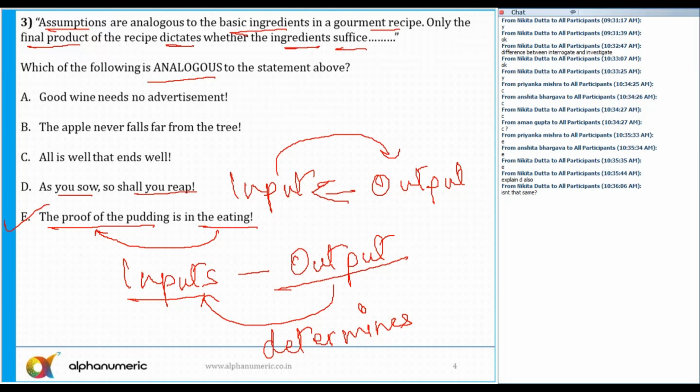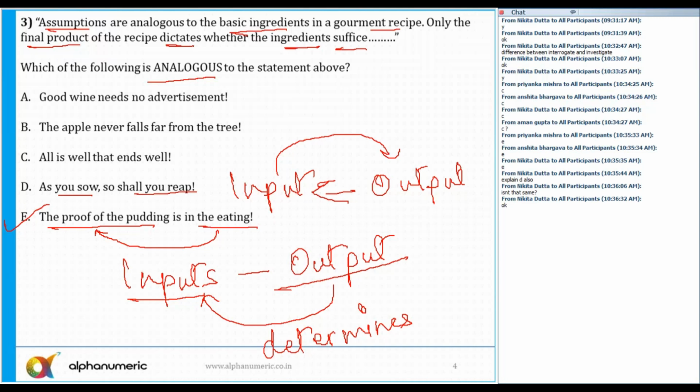But in the passage he told us that it is the output which decides whether the inputs were good or not good. So output is more important. The deciding factor is the output, whereas in number D the deciding factor is the input. That is the difference between D and E.